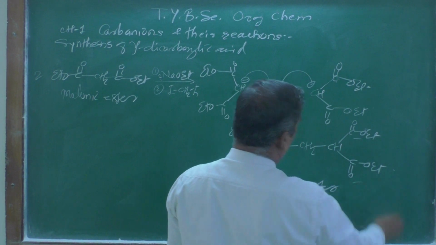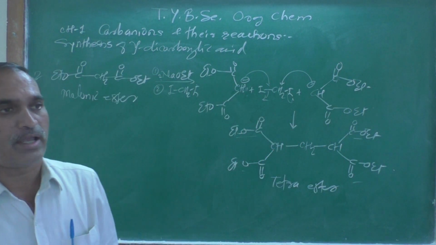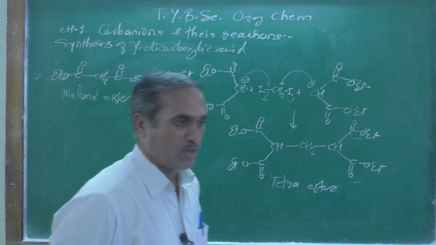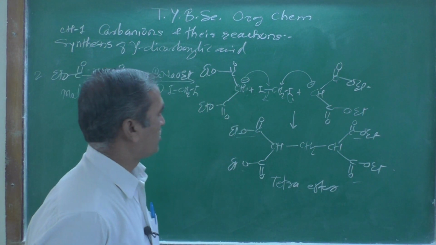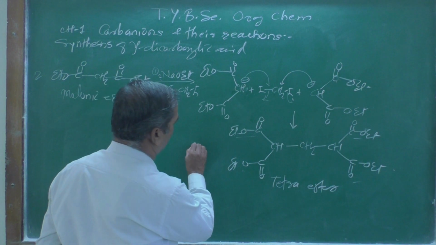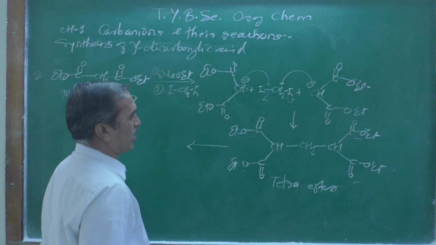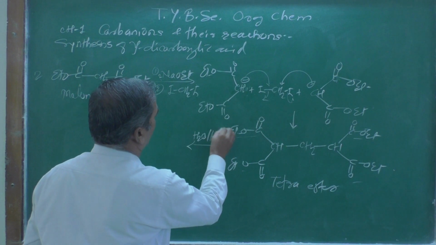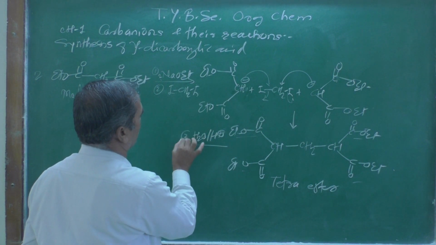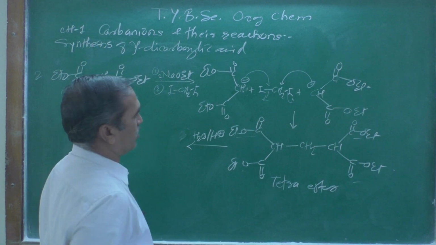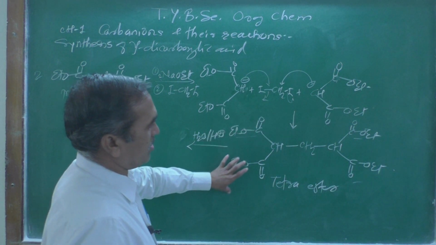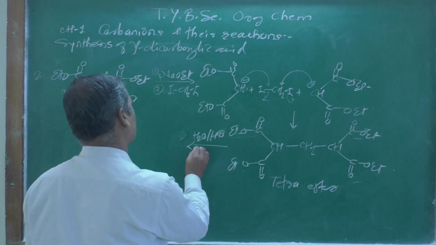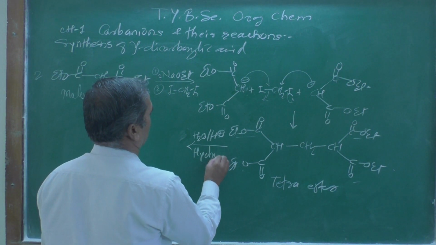After getting the tetra ester, what is the next step? You have to hydrolyze it with H2O in the presence of H plus. Here also 2 moles are required for hydrolysis. All 4 ester groups are hydrolyzed; this process is known as hydrolysis.